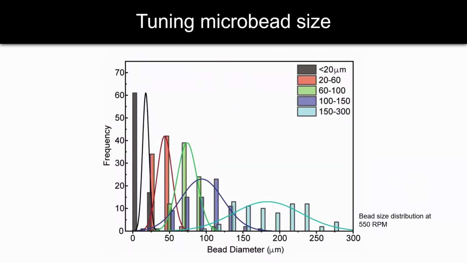Here is the quantification of my beads, just to ensure that I was getting beads within the appropriate size range. Another important thing to note is that you can tune the amount of beads in each range. In this example, I'm spinning my emulsion at 550 RPM, and I'm seeing higher amounts of beads within the less than 20 micron diameter range. So this can be tuned.